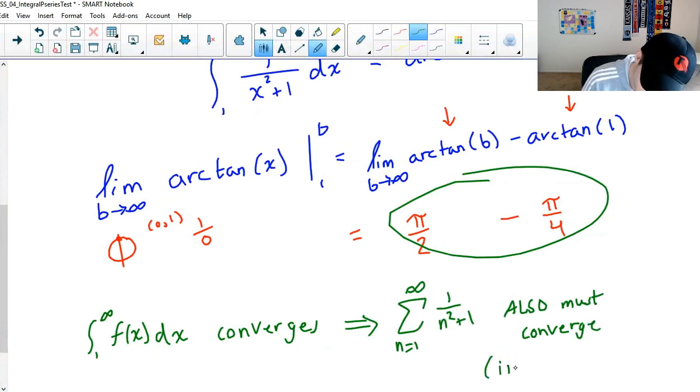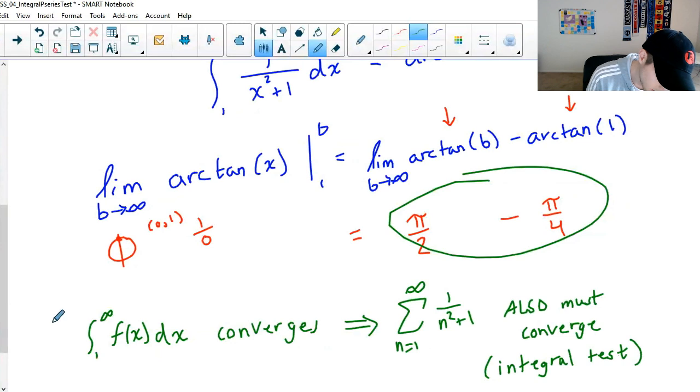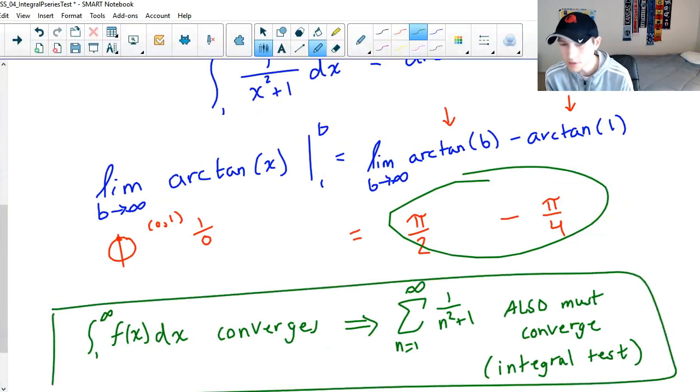And we know that through what we just did, the integral test. We had to do that setup at the beginning to prove all of those conditions are met, those prerequisites. Then once we take the integral and it converges, that means the series, the original series that we started with, has to also converge. That's what the integral test tells us.